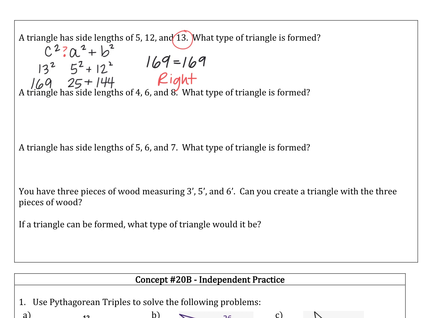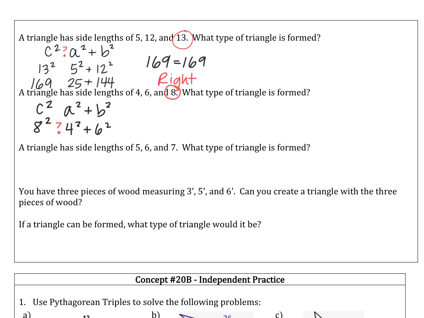Okay, so now 4, 6, and 8. 8 is your c. So figure out the relationship. c squared relates in what way to a squared plus b squared? Okay, so we're going to do 8 squared. And then 4 squared plus 6 squared. And see what the relationship is there.